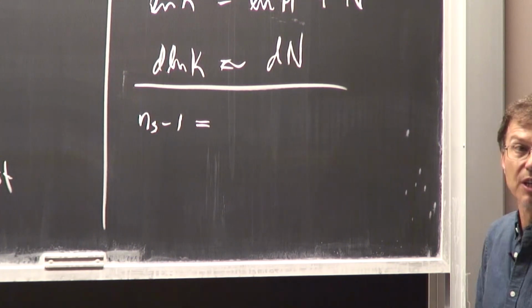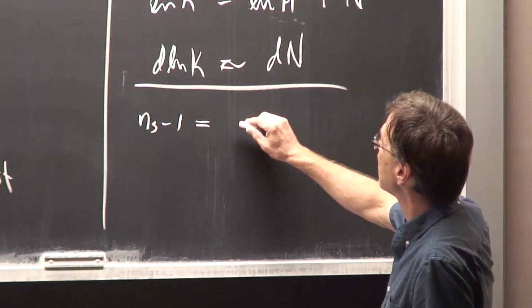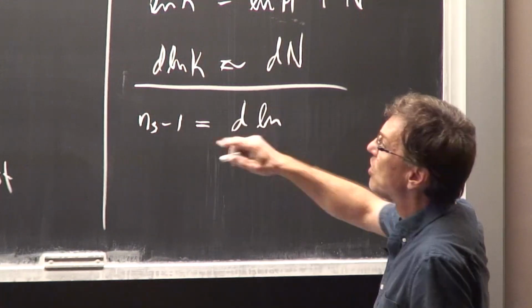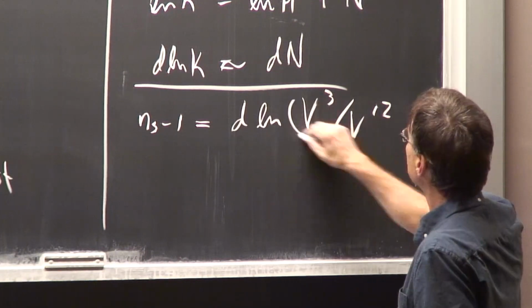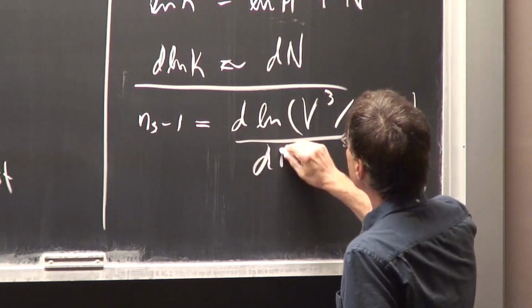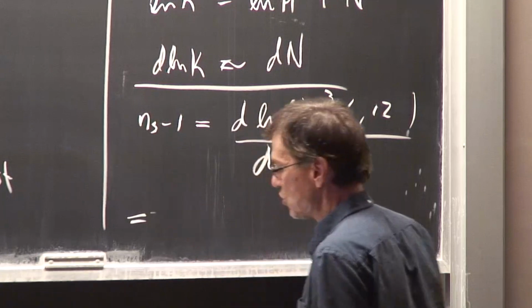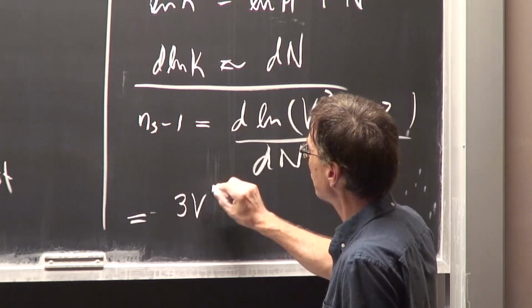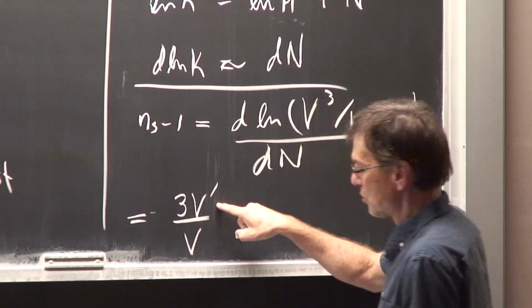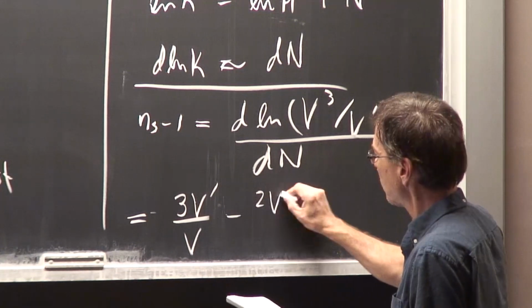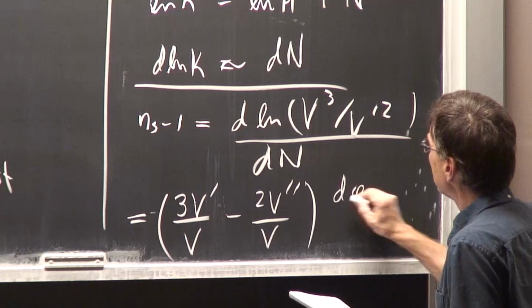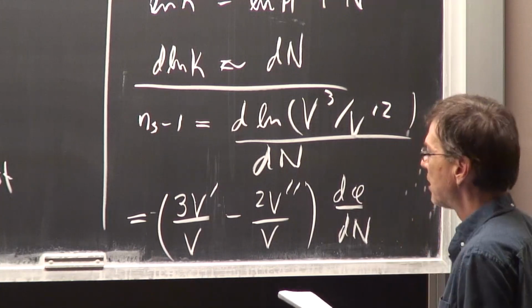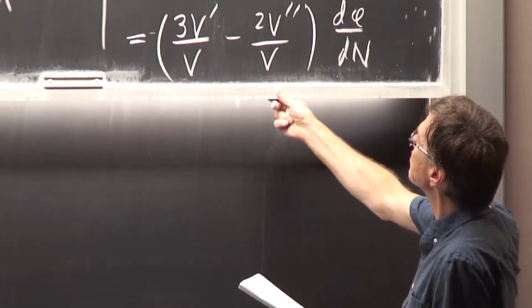And yes, so we can say this is the derivative of the logarithm of V cubed over V prime squared with respect to N. And so using the chain rule, these are derivatives with respect to the field, and then we'll have a d phi dN here.